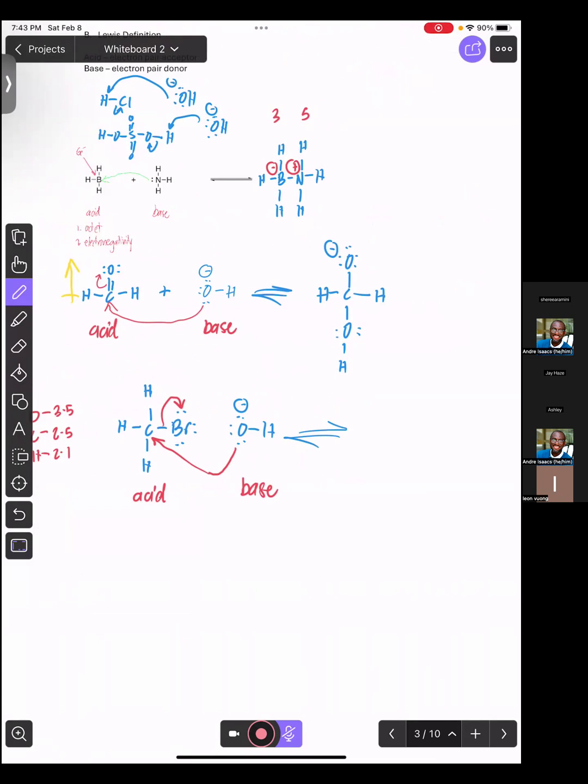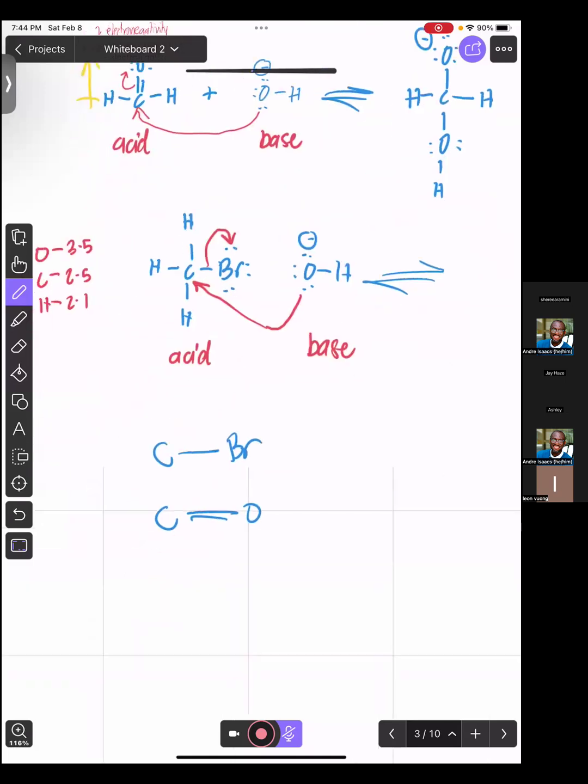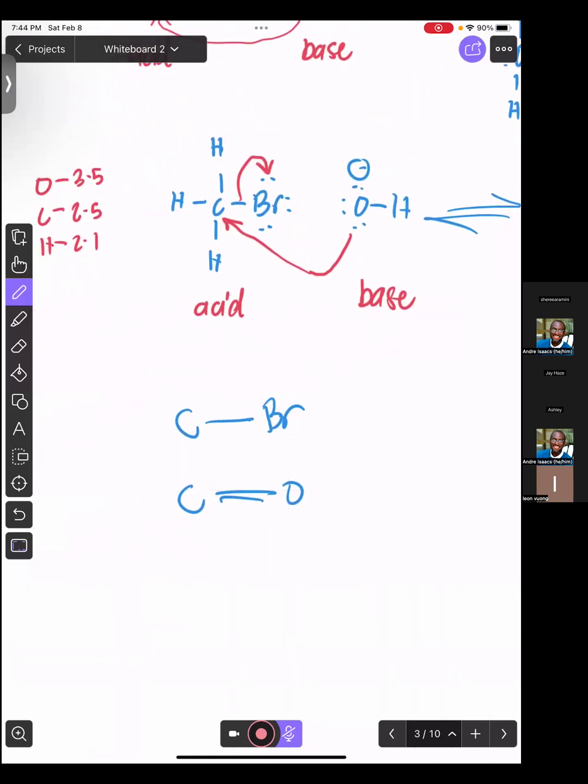And the reason why I say suffering, actually, is this. Let's maybe go back a little bit to this. Here is carbon, here is bromine. Here is carbon, here is oxygen. These bonds exist between these two atoms.